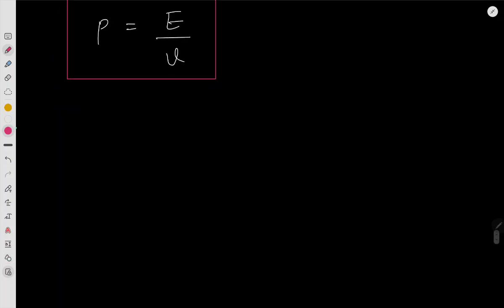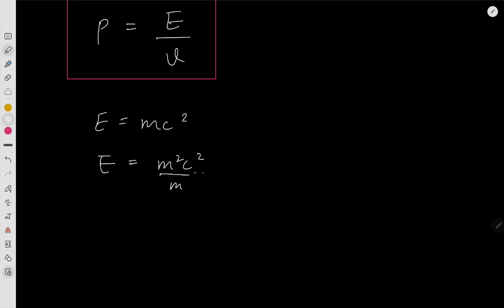This is derived from Einstein's equation, E equals mc square. So E equals m square c square by m, as it was mc square, so I multiplied by m and divided by m. So it became m square up and m down.